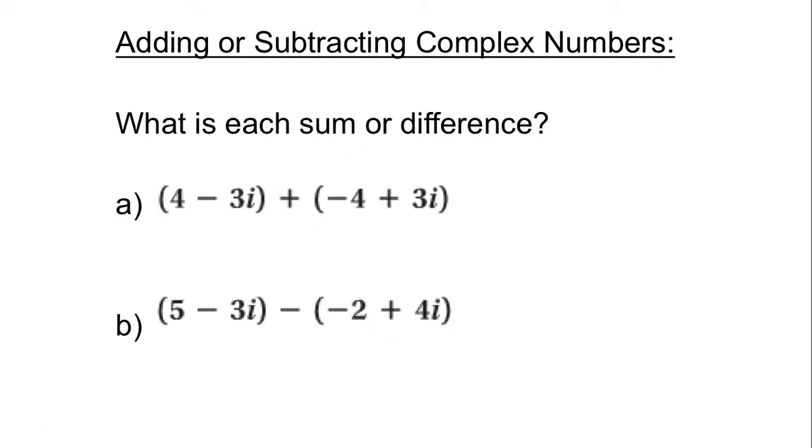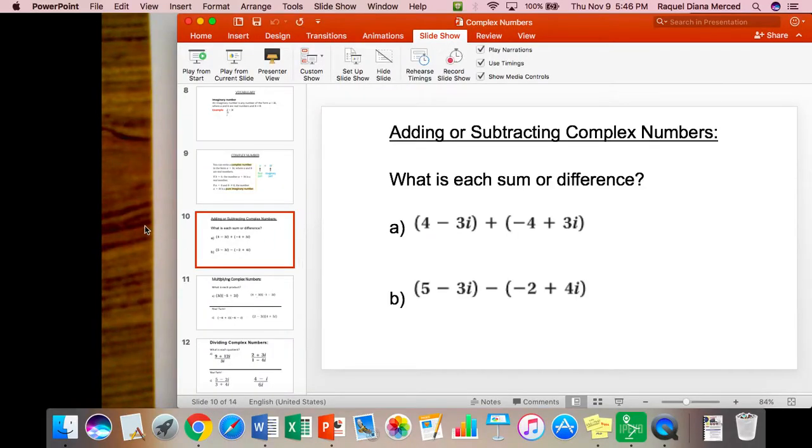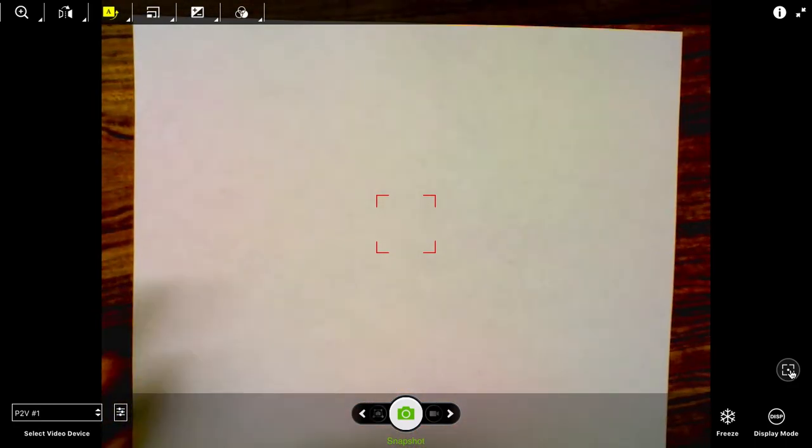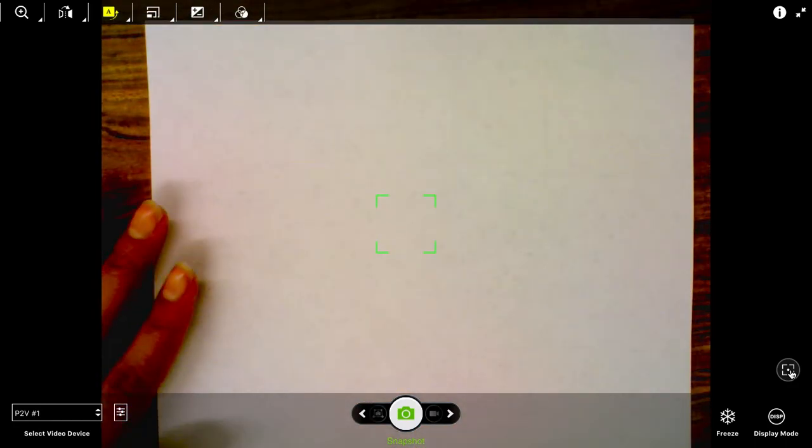So now we're going to talk about adding and subtracting complex numbers, and we're going to go over these two examples and two other examples. Okay, so here are the two examples that we are going to go over.